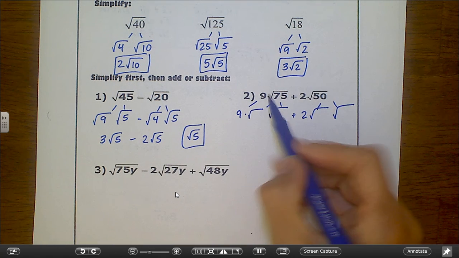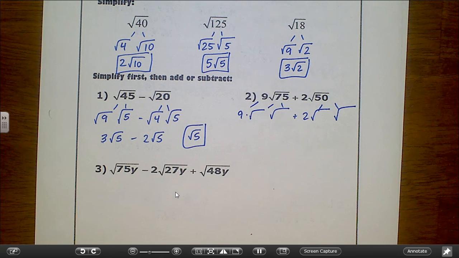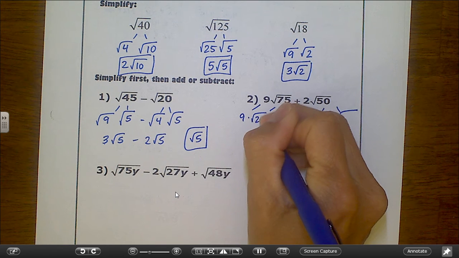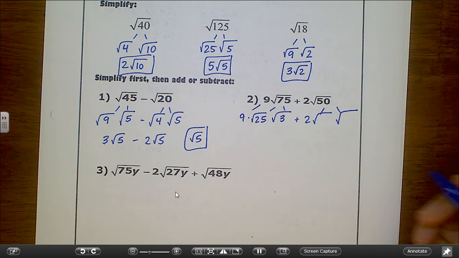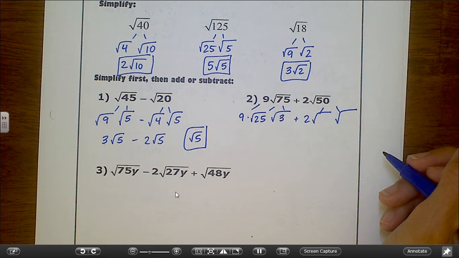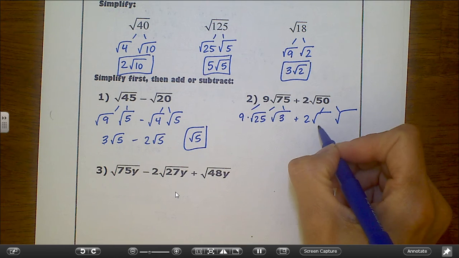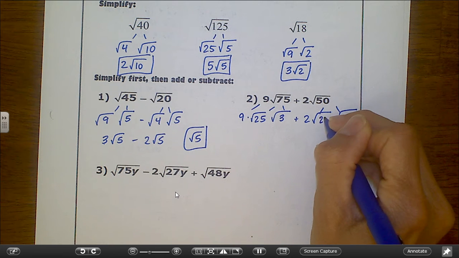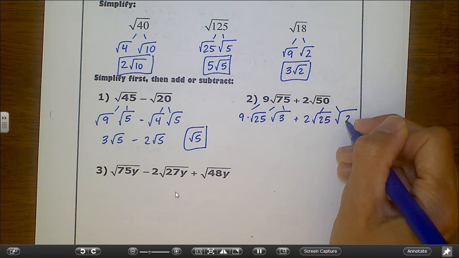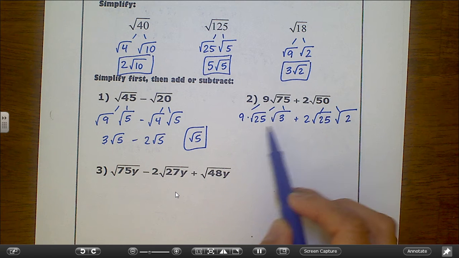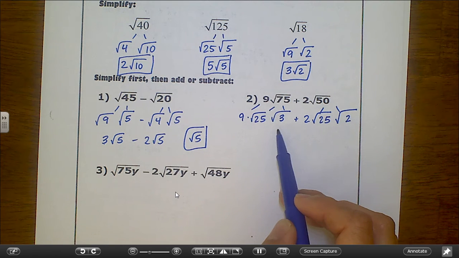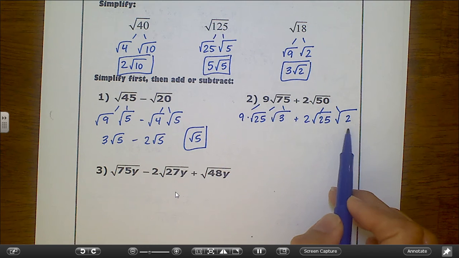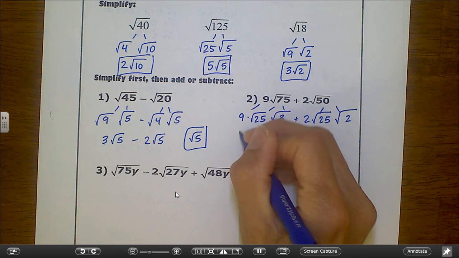All right, so 75, well, that is 25 times 3. Here's what's going to happen on this one, though. When I do 50, 25 also goes into 50, but only twice. So when I get down to all of this, I actually won't be able to add those together because I'll have a simplified rad 3 and a simplified rad 2. But that's all right. We'll figure it out.